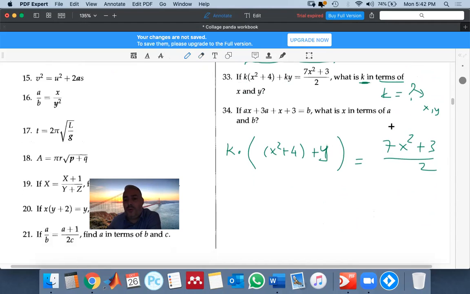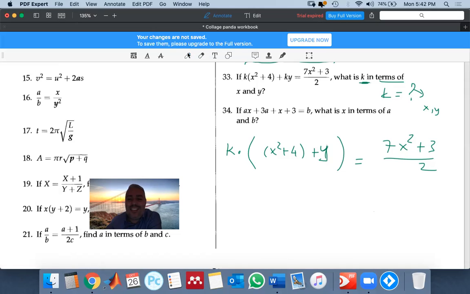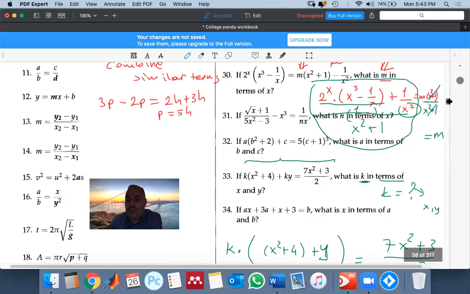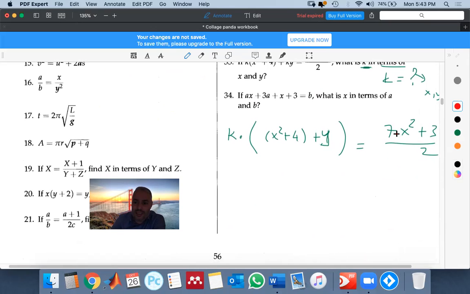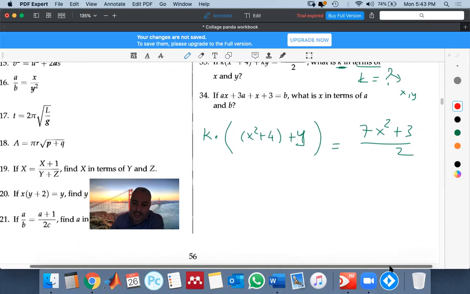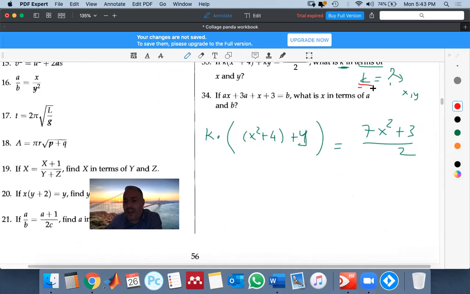Then it's finished. Why finished? Let me change color. It's finished for this reason: I want to just express K, right? So K times something. Divide that thing.